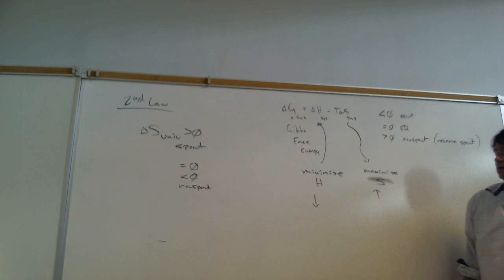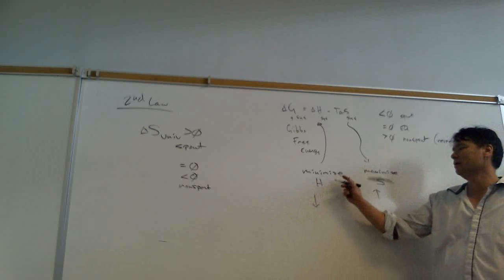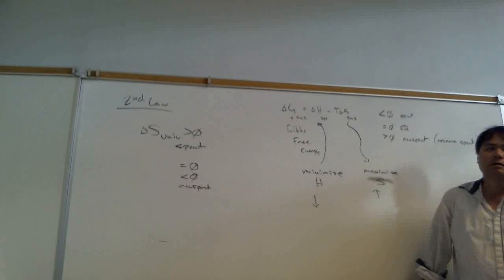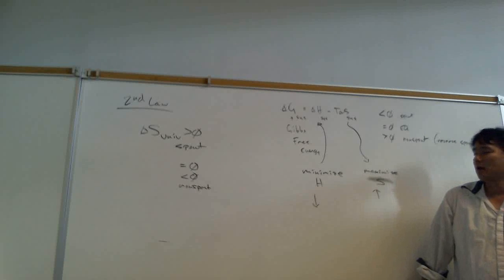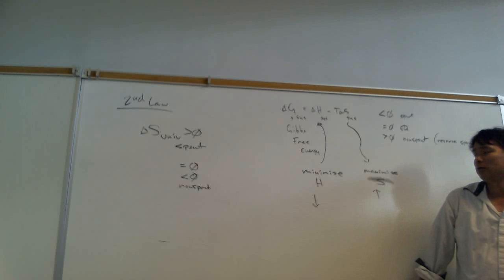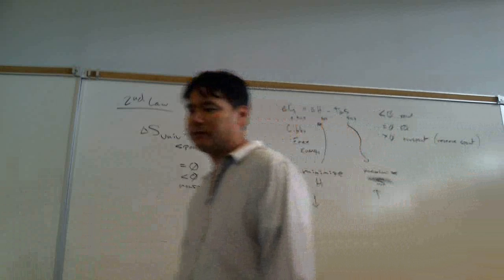But this also results in an increase in the entropy of the universe, because if we have an exothermic reaction, then we're converting chemical potential energy into kinetic energy or heat. And chemical potential energy is a more ordered form of energy versus heat, which is a much more disordered form of energy.